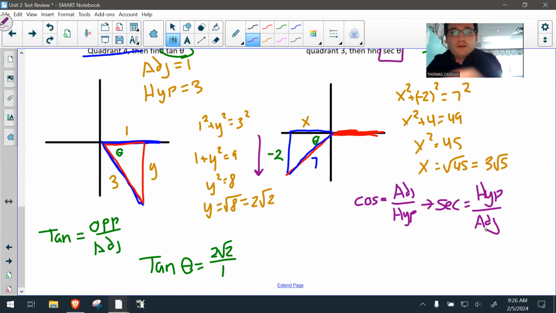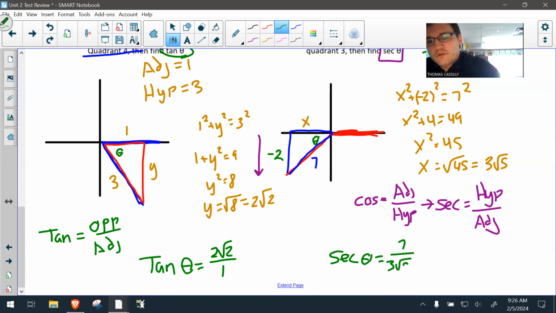Let's fill it in accordingly. The secant of theta equals the hypotenuse, which is 7, over the adjacent, 3 square root of 5. Let's simplify that, and we're going to have 7 radical 5 over 15. And there we have it.